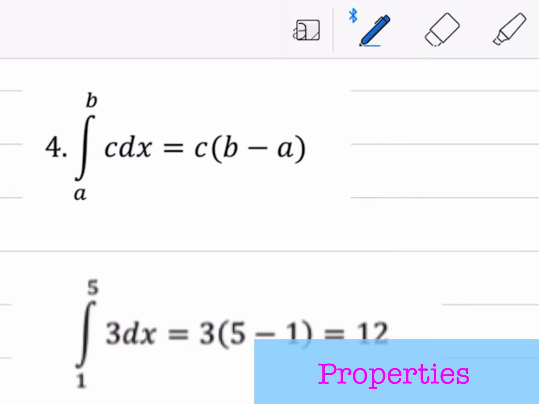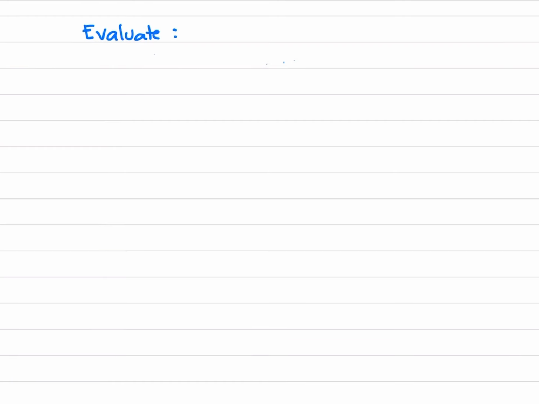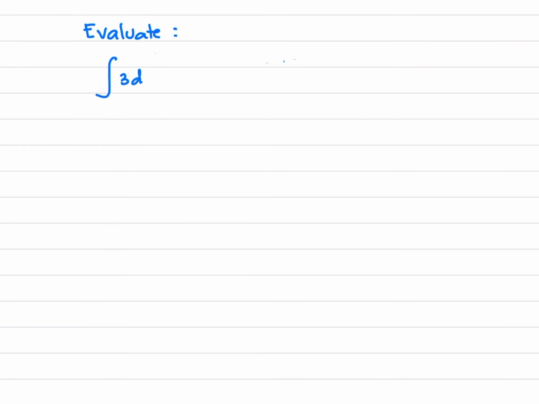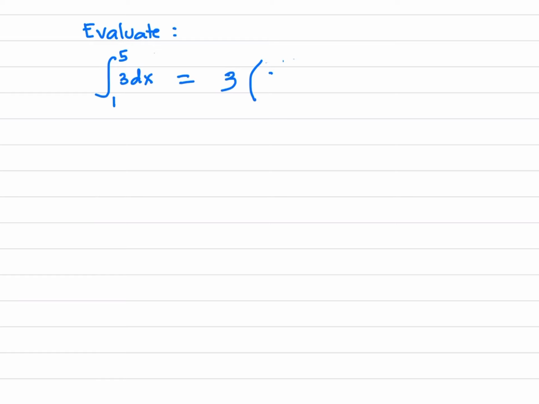Evaluate the integral of 3 dx from 1 to 5. From the property, it says c, which is the constant 3, times the difference between the upper limit and the lower limit, so 5 minus 1, which gives 3 times 4, or 12.